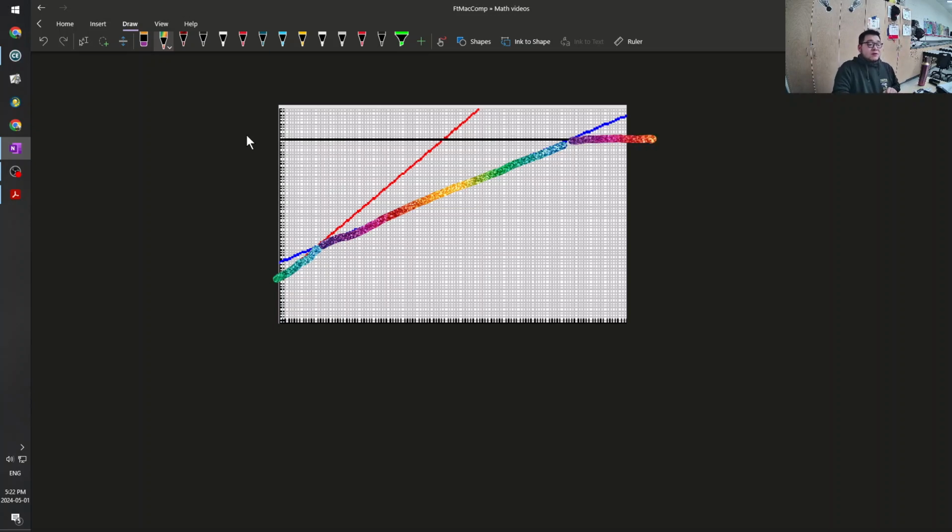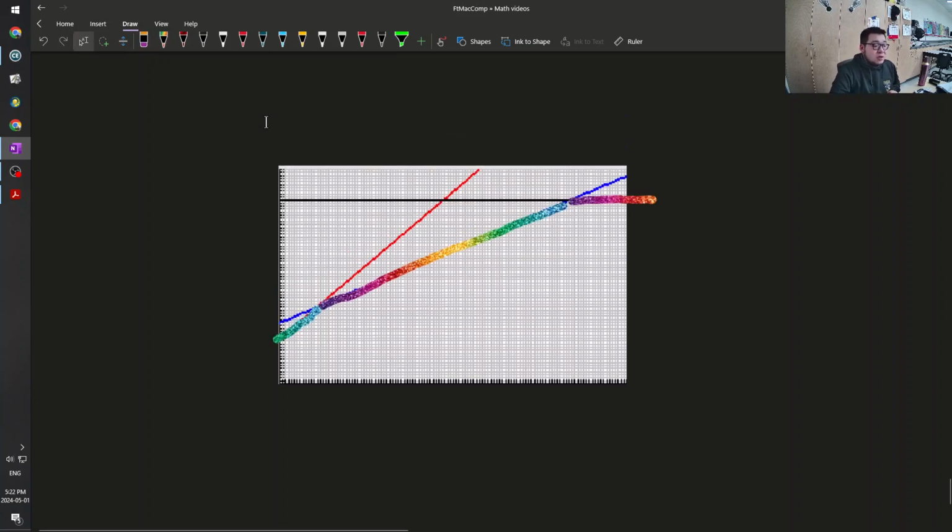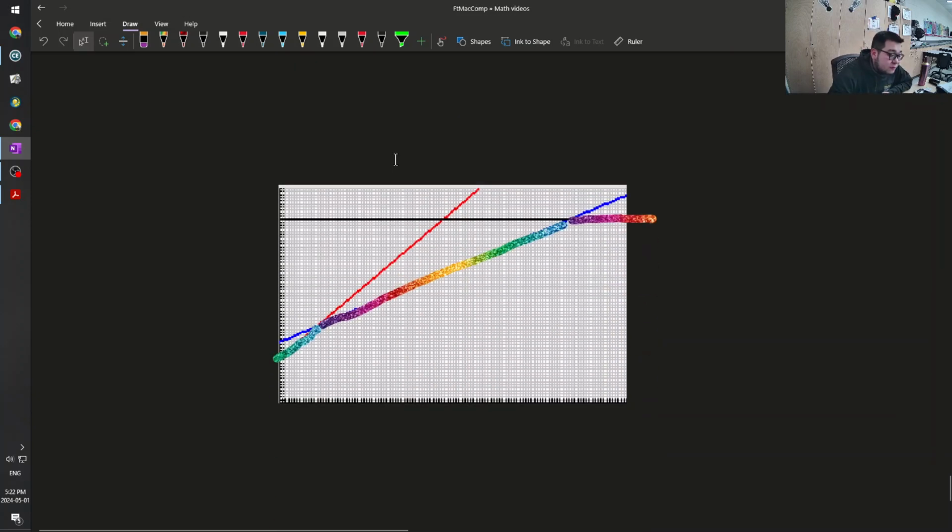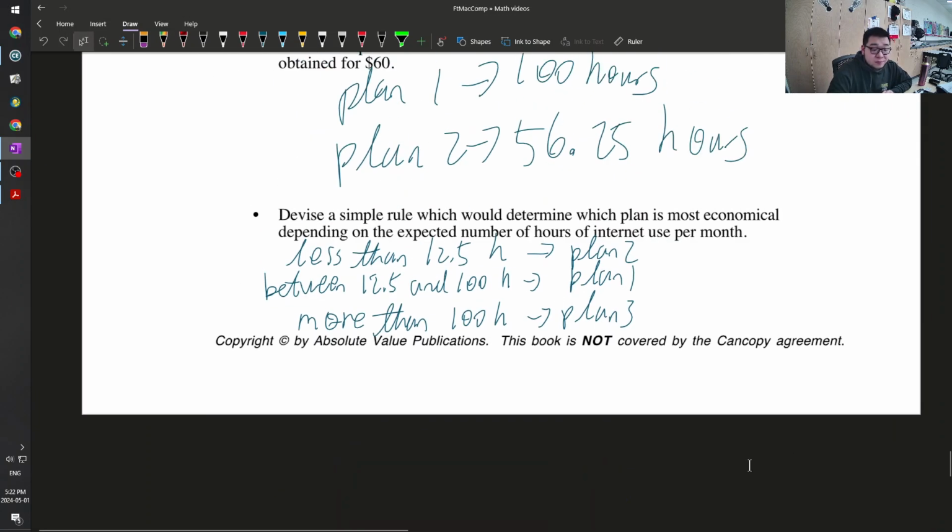Whatever is the smallest is the plan you should use. So for the first 12.5 hours, you should use plan 2 because it is the lowest. And then from 12.5 to 100, plan 1 is the cheapest, and then more than 100 hours, plan 3 is the cheapest.